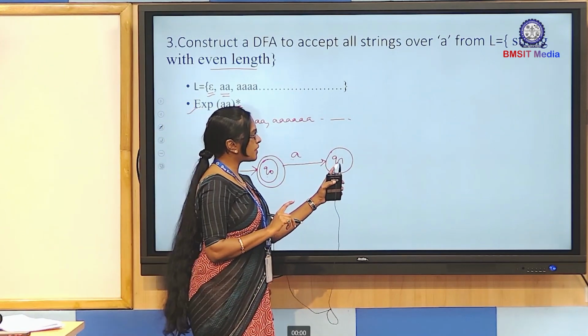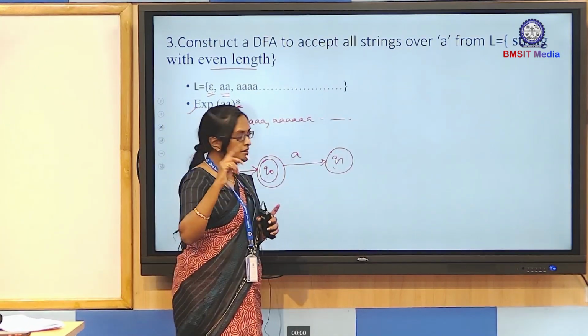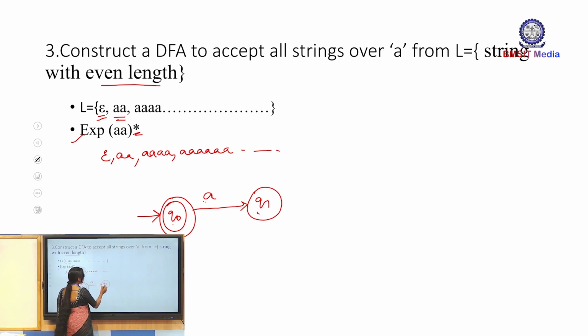Now Q1 should make a transition on seeing an input symbol, which is A. Now if I have another input symbol, I can write this in this way. So this is on accepting A. Now there is always a question, why can't I have another state here?